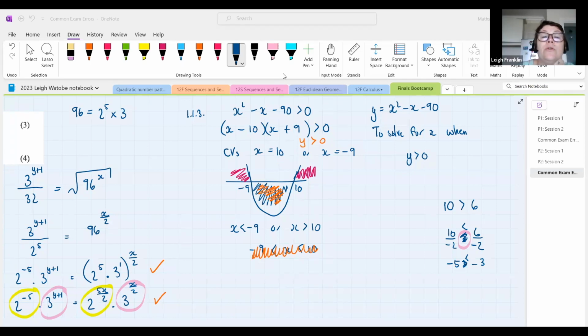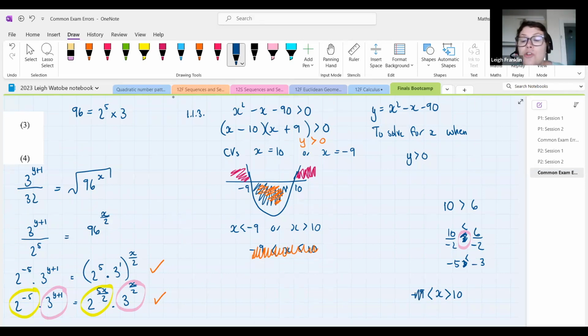Okay, Lebogang, we also can't have those signs pointing in different directions. If you write x, you can't put this one in this direction and that one in that direction, because then it's not going to make any sense. If you read that, x is greater than -9, but x is greater than 10, it doesn't make any sense.